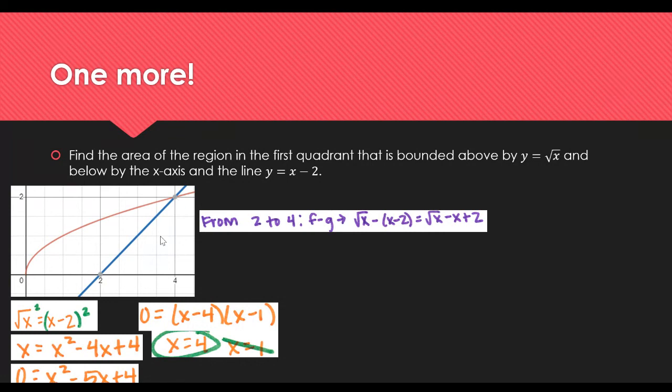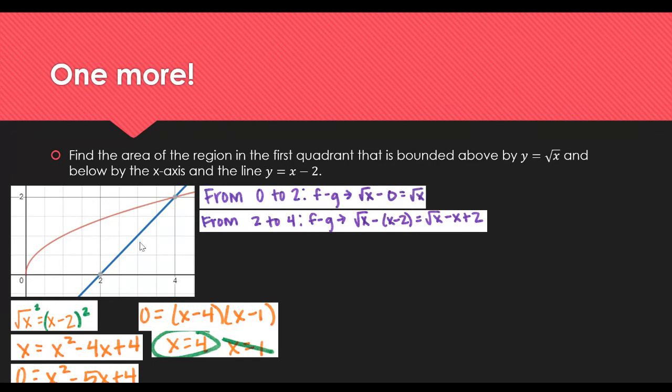The problem is when I look at this graph, when I go from 0 to 2, square root of x is definitely my top graph, but the bottom graph is the x-axis. So my subtraction of f minus g is going to be square root of x minus the x-axis, which is y equals 0. So square root of x minus 0, which simplifies to be square root of x.